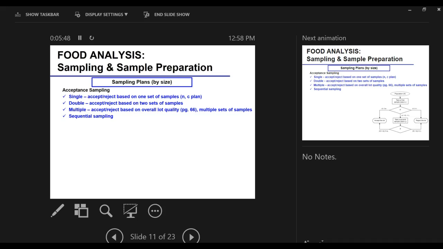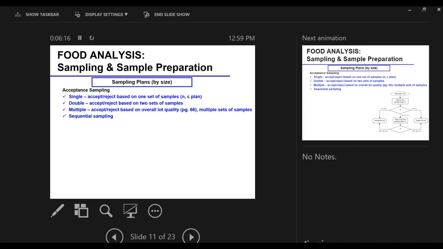So whether you decide on single, double, or multiple depends on the risk of accepting a lot versus the risk of rejecting a lot. And I'll talk about that later, because you don't want to risk accepting a lot, for example, that has health consequences. You really want to be very careful in doing multiple sampling or even sequential sampling.